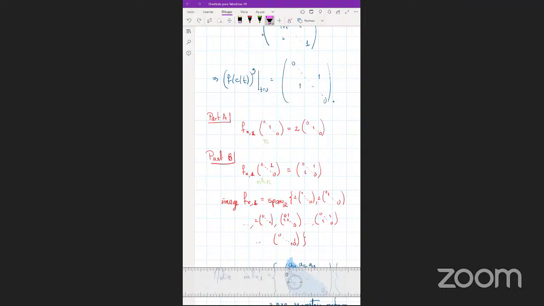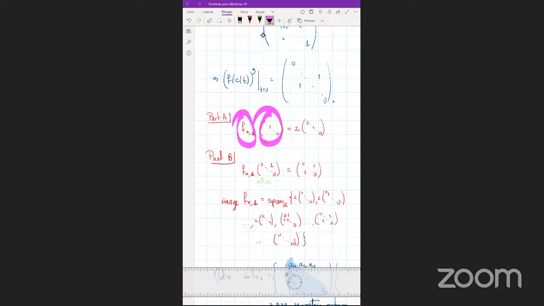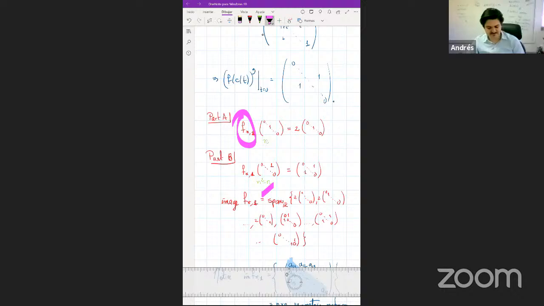Yes, I do. Right? Because I computed the linear map now on all of the basis elements. So I have that equality.